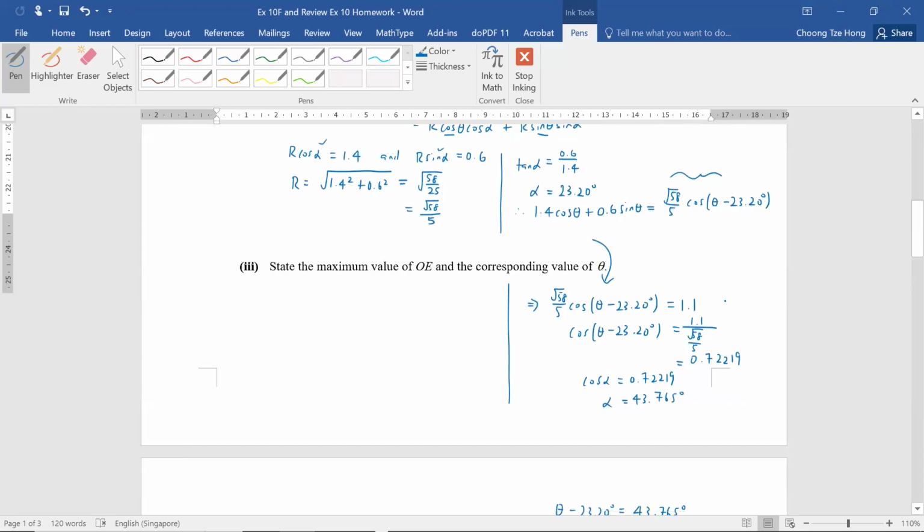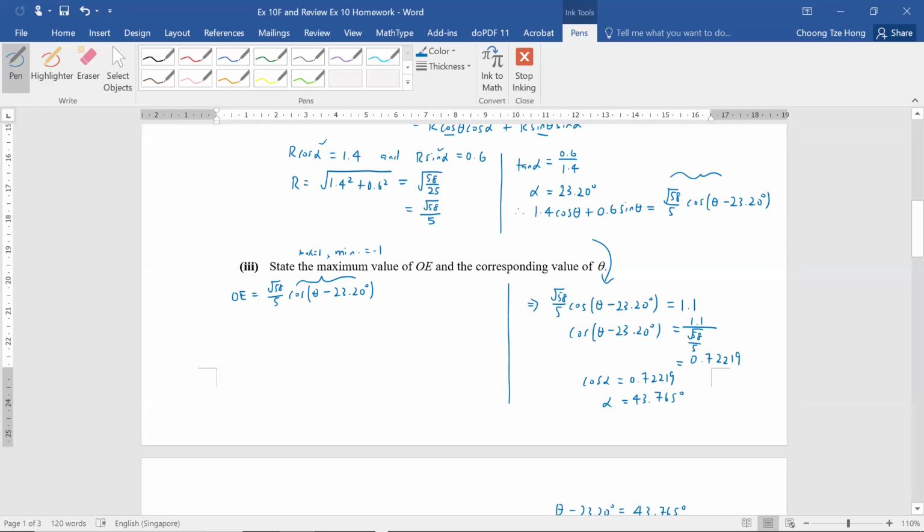Let's look at the last part, part 3. State the maximum value of OE and the corresponding value of theta. We have already expressed OE in this form: square root 58 over 5 cosine theta minus 23.20 degrees. The maximum value depends on this cosine. The maximum value of a cosine function with amplitude 1 is 1, and the minimum is -1.